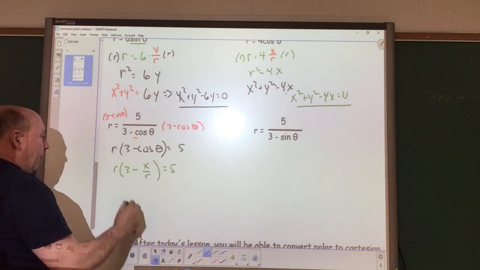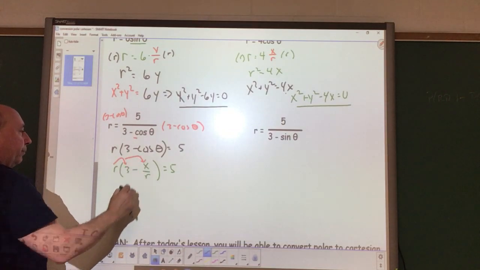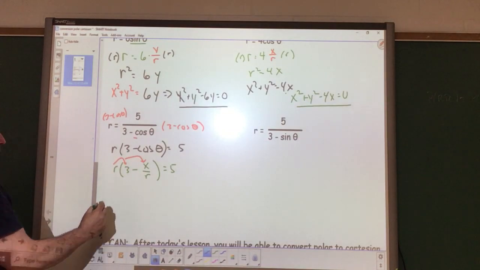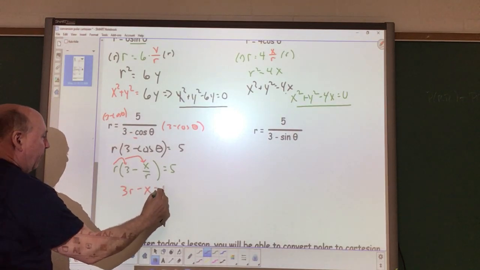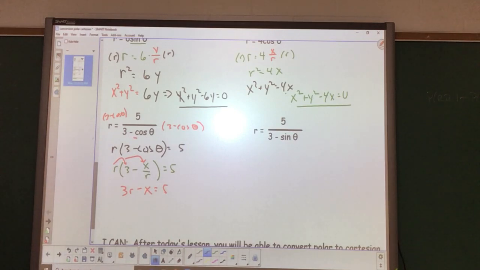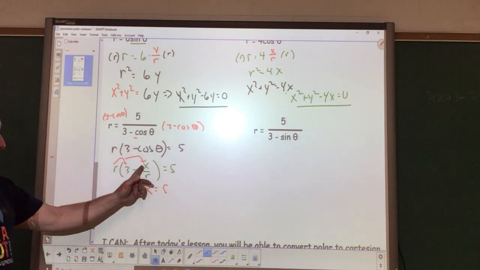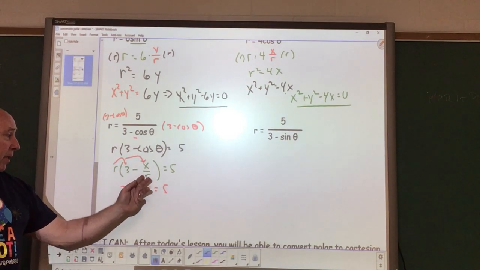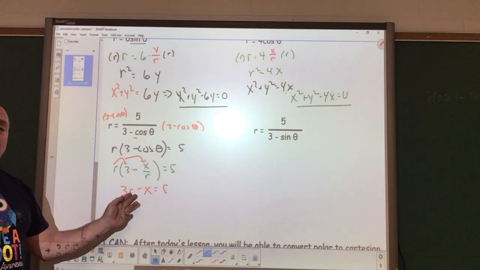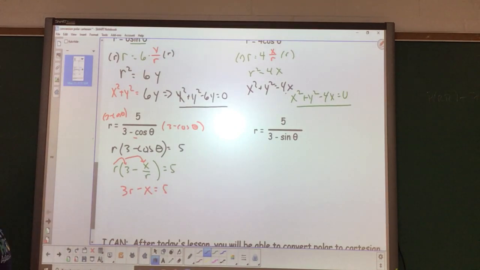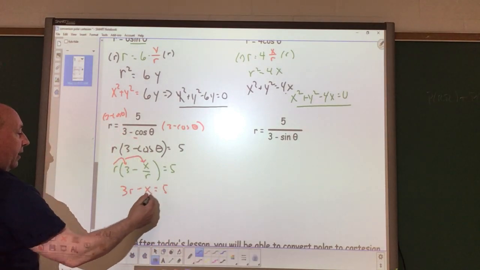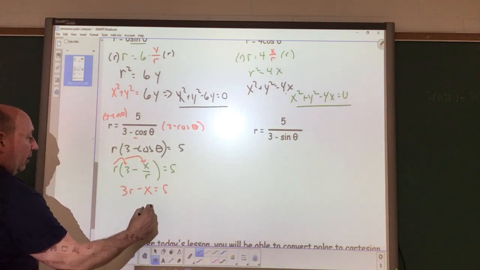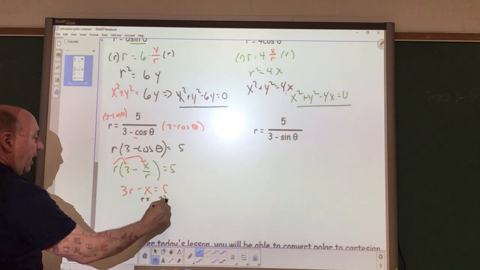Using our distributive property, we're left with 3r minus x is equal to the value of 5. Which gets rid of the cosine, gets rid of this r here, but I still have an r here. Well, how do I deal with that? Well, let's isolate it. So we add our x to both sides.